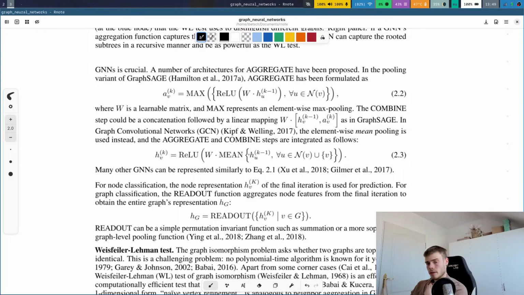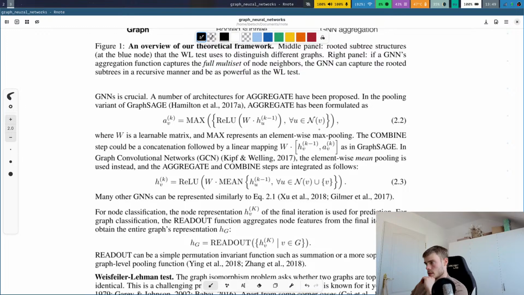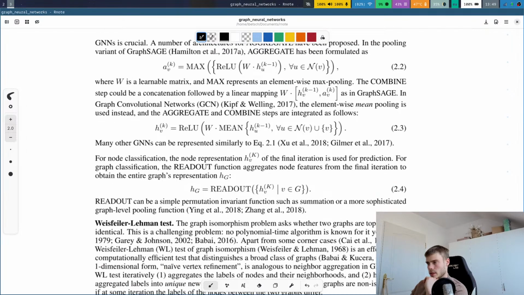So we take the mean of all of the hidden states of the neighborhood together with V itself. And we take their hidden state, we get the mean, we make a matrix multiply and the ReLU. Many other GNNs can be represented similarly to equation 2.1.